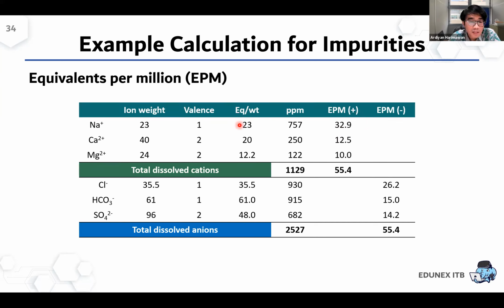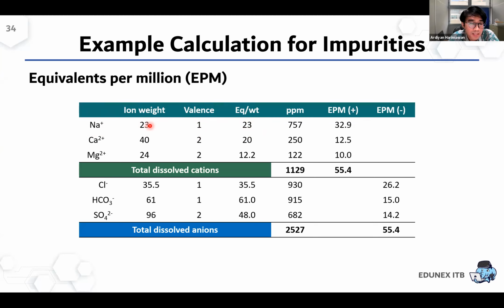Yeah, because the valence and the ion weight, we calculate what we call equivalent weight, right? Because each of the ions will have different weight, but with different valence.